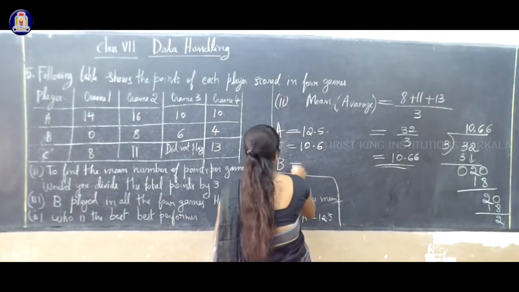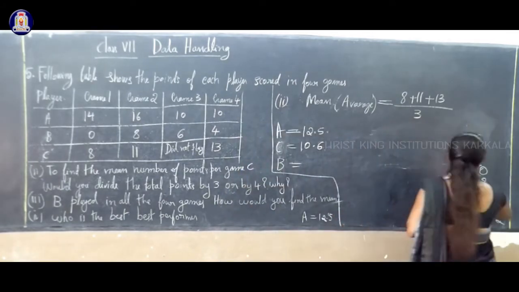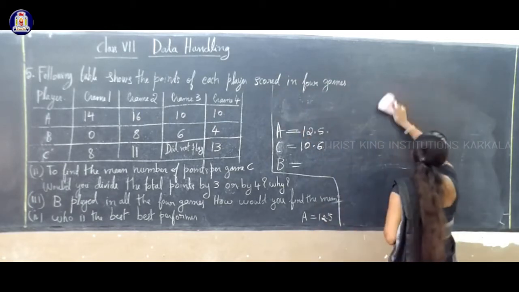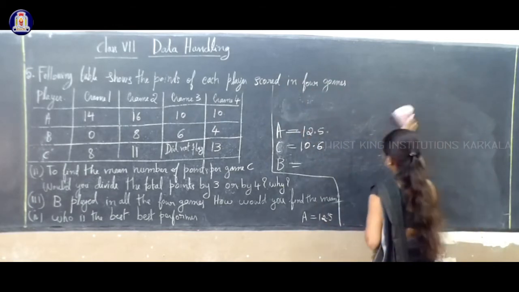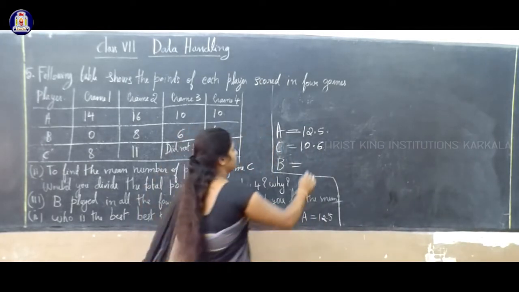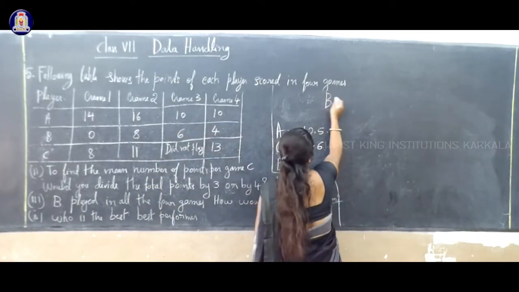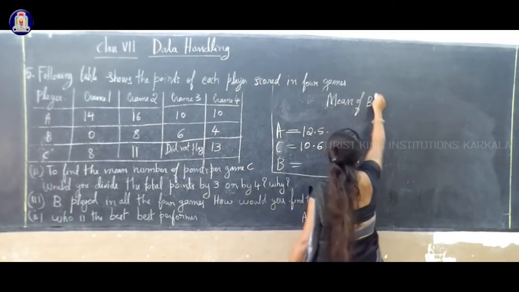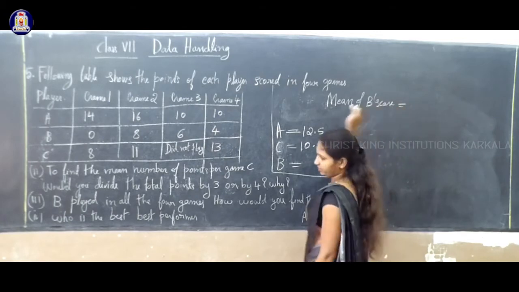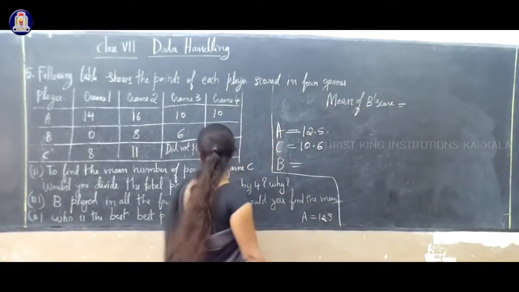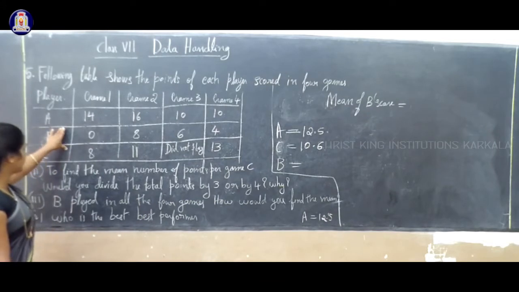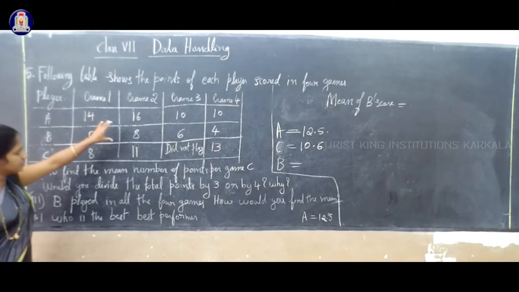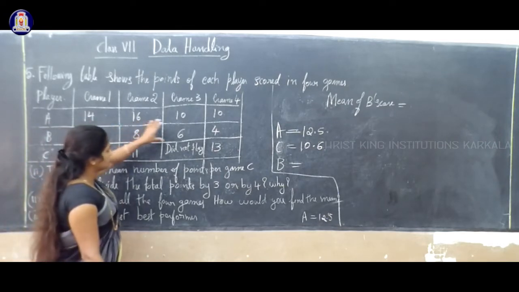Now we have to find B's average. So write B average, the mean of B's score, or you can write average or mean. Now see the table. In this we can write: in the first game he scored 0 points, in game 2 he scored 8 points, then 6, 4.